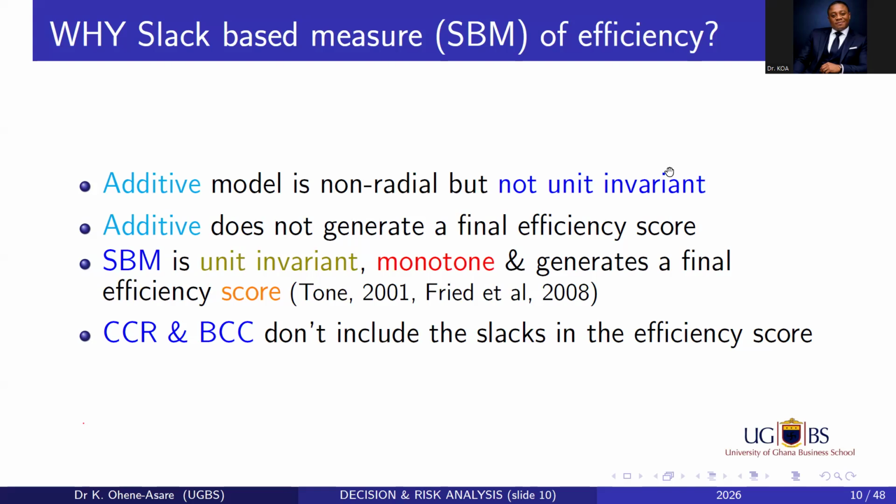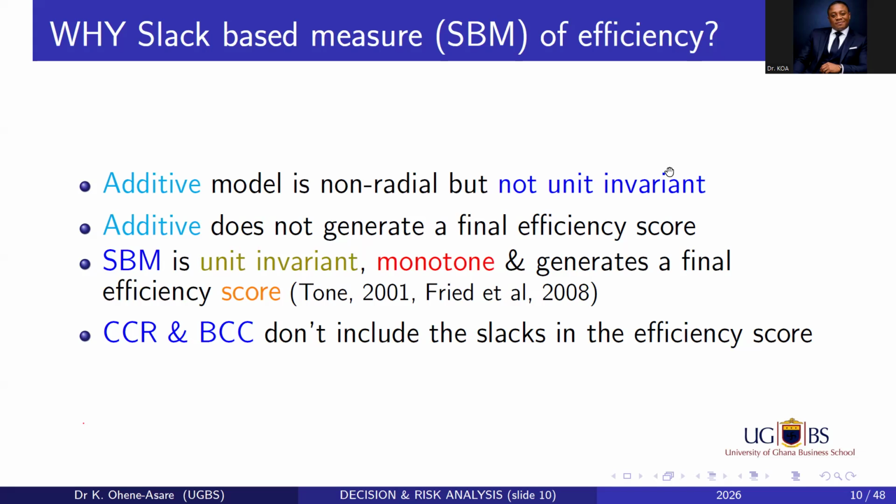So maybe we have labor, which is measured in number of people, maybe oil, which is measured in some quantity, and something like capital, which is measured in currency. So irrespective of all these units, the currency, the number of people, we can put all into the model, it doesn't matter, so it's unit invariant.